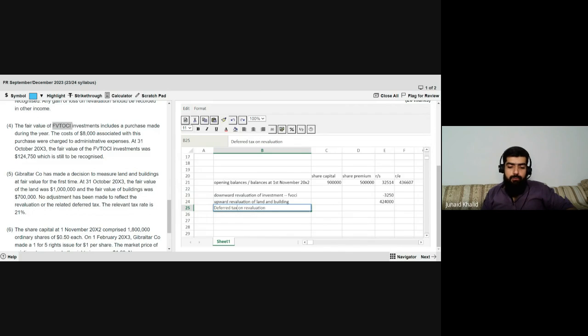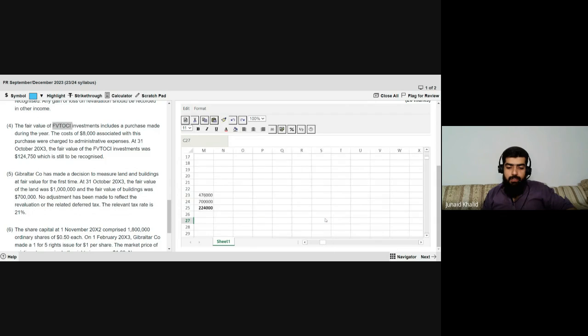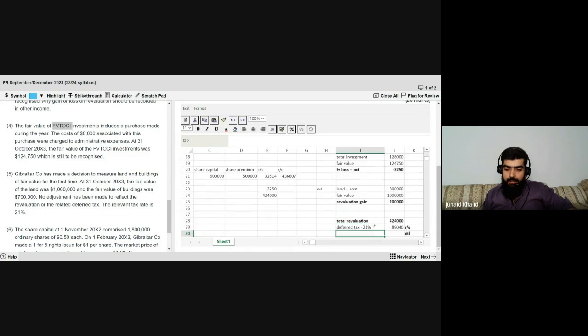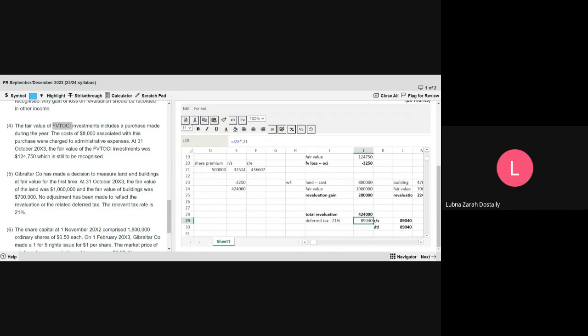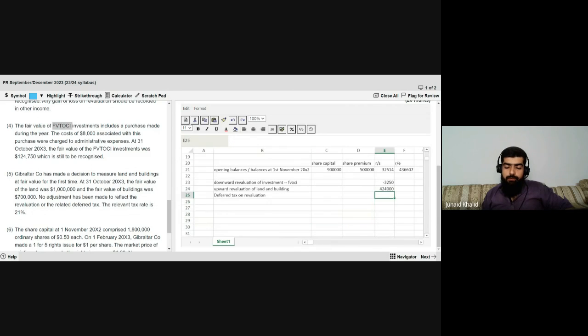So what was the amount of deferred tax on revaluation? We have already calculated. That was 89,040, in J29. So are we going to add it or subtract it? Less. Yes, J29. We just deducted.